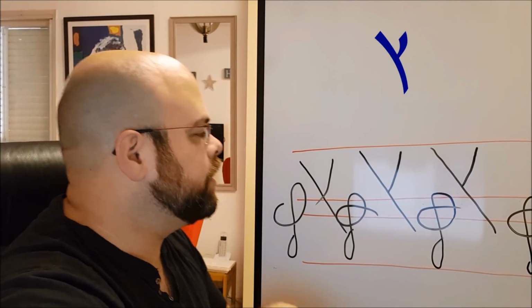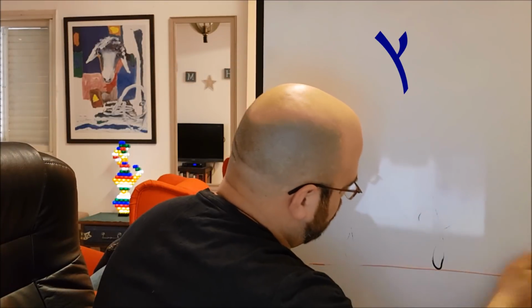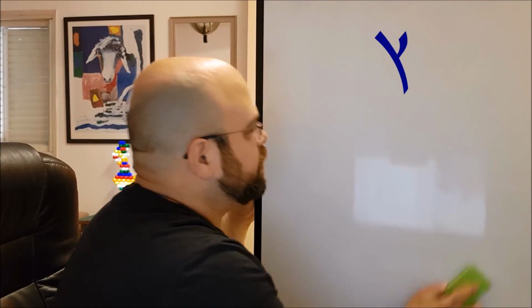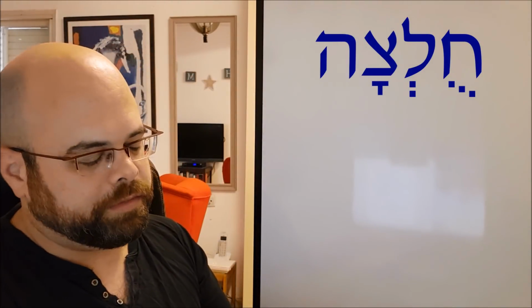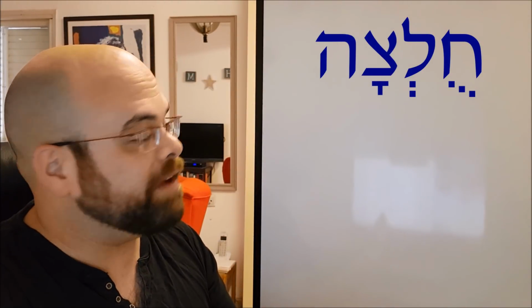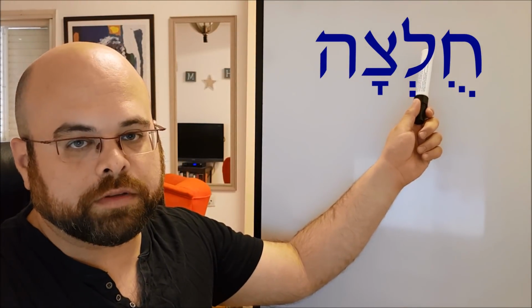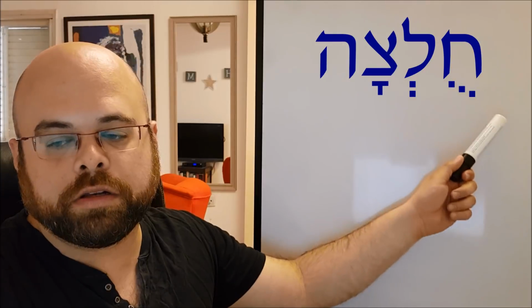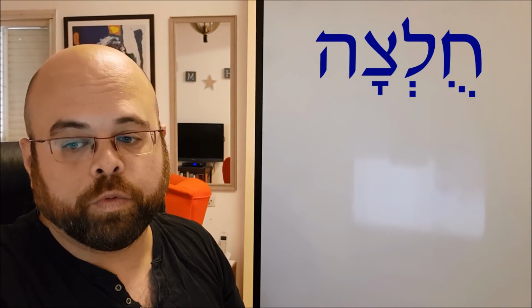Now we will learn 2 more words with these letters and with Tzadi. So the first word is chulza. Chulza means shirt. So we have the Chet with the Kubutz, the 3 diagonal dots. So it's chu, and then the Lamed l with the shva.